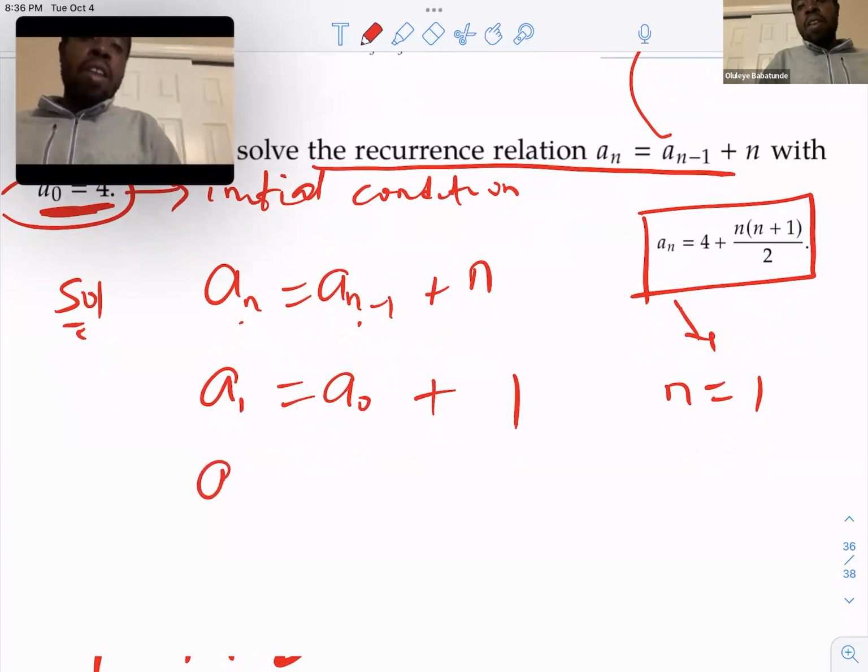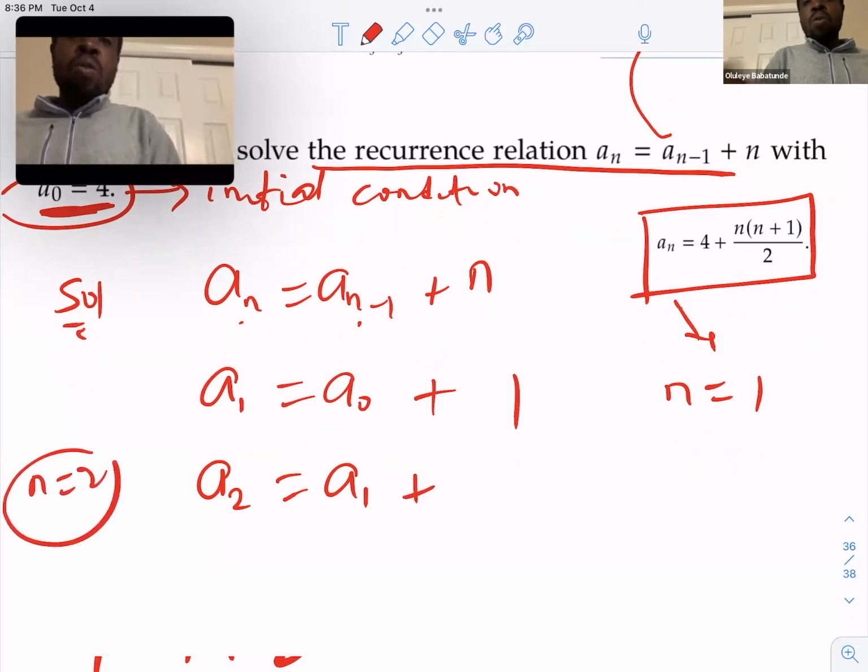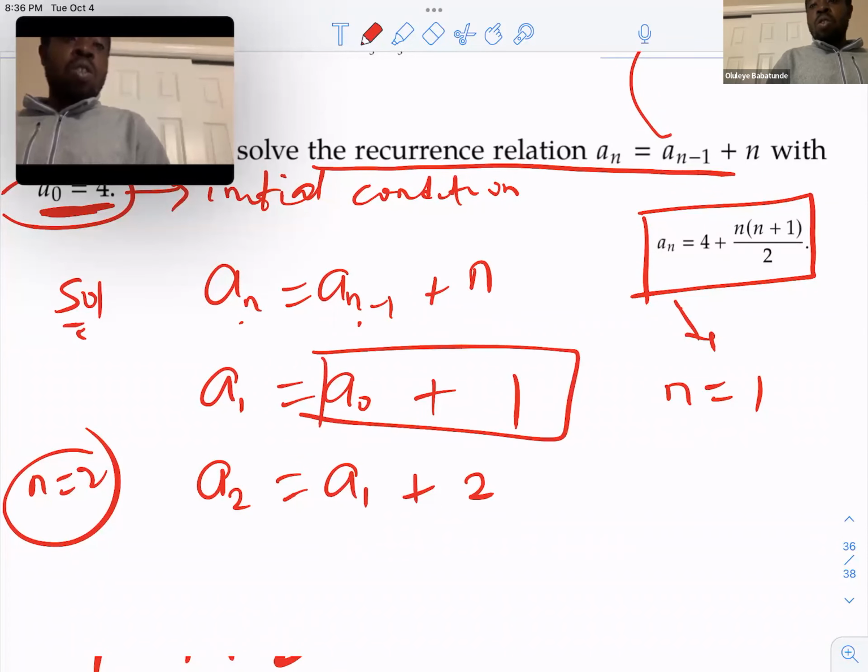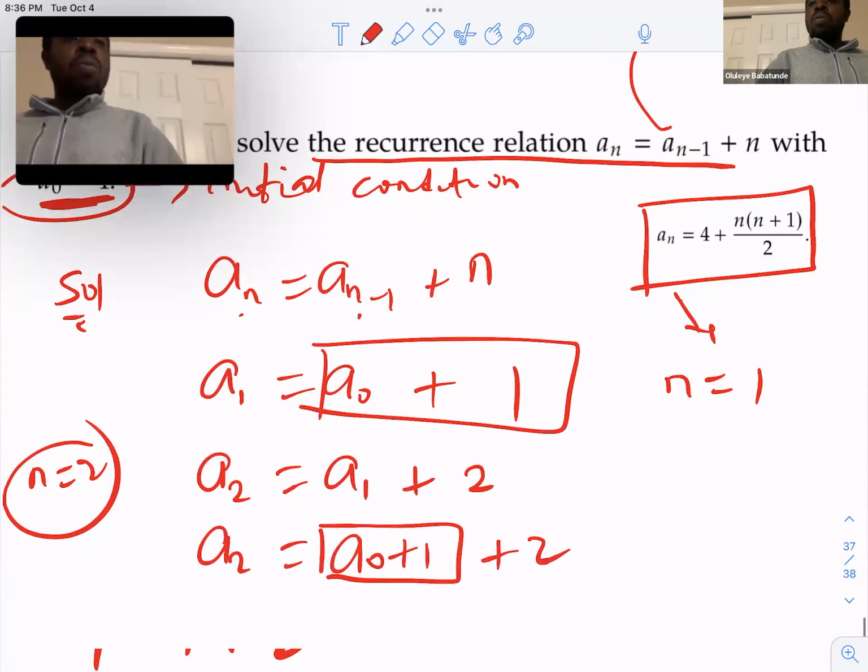Similarly, if you define your a_2, you're going to have a_1. Now your a_2, that is when your n is 2. So a_2 equals a_1 plus n. So n is 2. You see that? And your a_1 is already given as this one. So your a_2 just becomes a_1, your a_1 is this, plus 2.